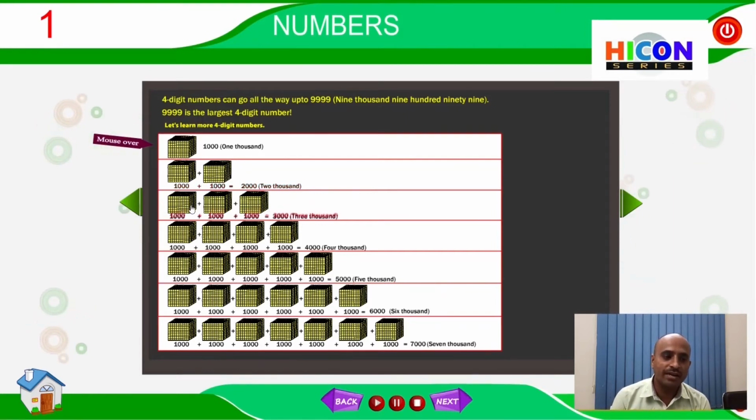The third row contains three cubes, so 1000 plus 1000 plus 1000 is equal to 3000.